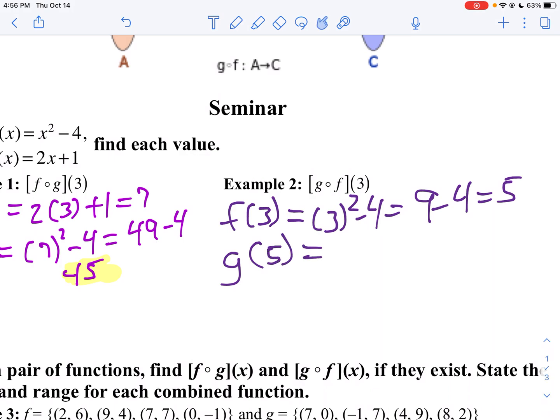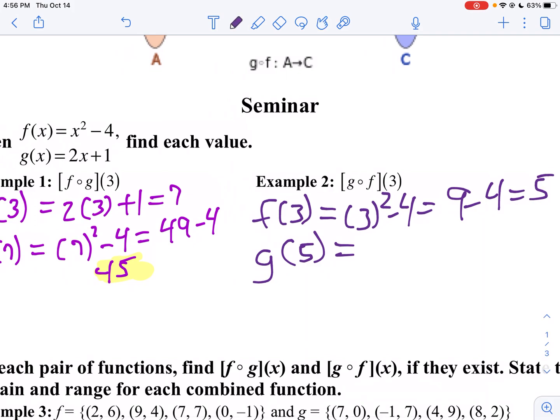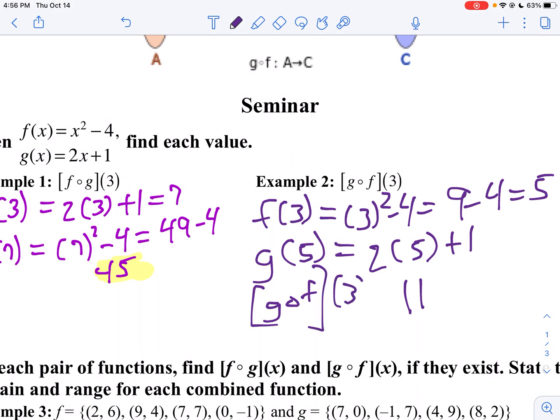Well, g is 2x plus 1, so I'm going to say 2 times 5 plus 1, or 11. So g of f of 3 equals 11. And then f of g of 3, the composition of functions of f of g of 3, that's 45.